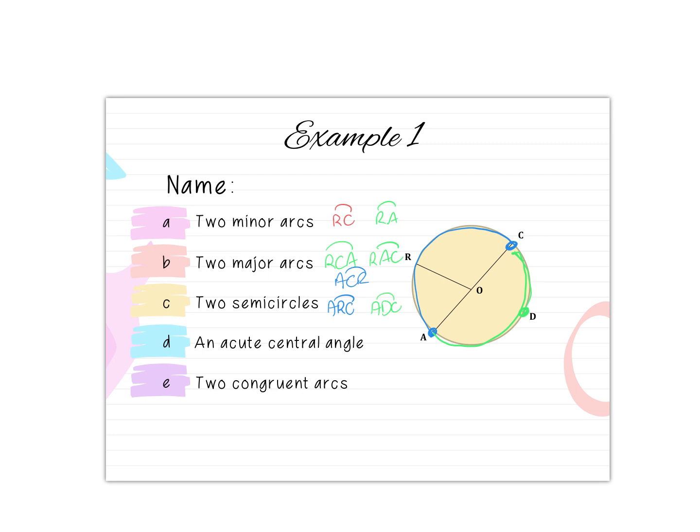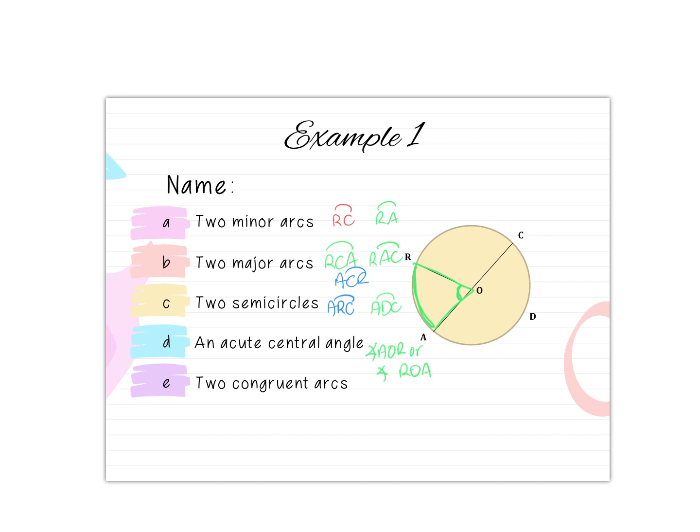An acute central angle. So now we're going back to angles instead, right? If this is a minor arc, I know this is an acute angle, right? So I can name this angle AOR or ROA.